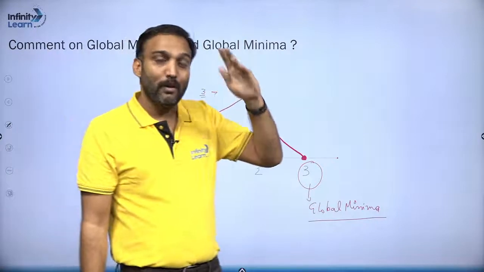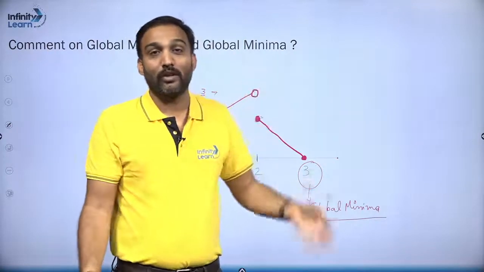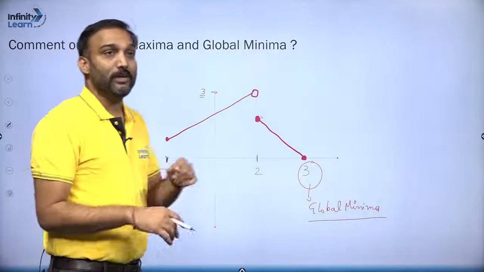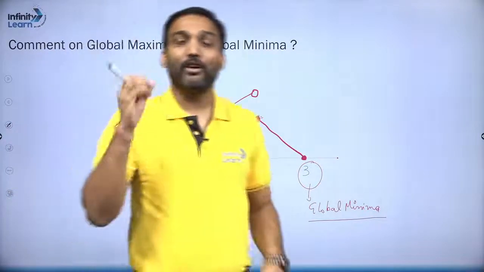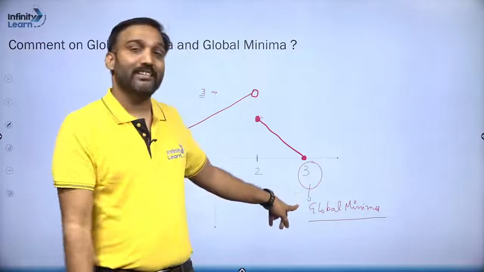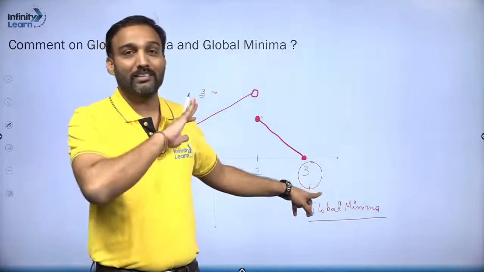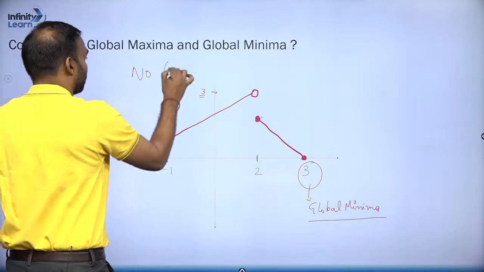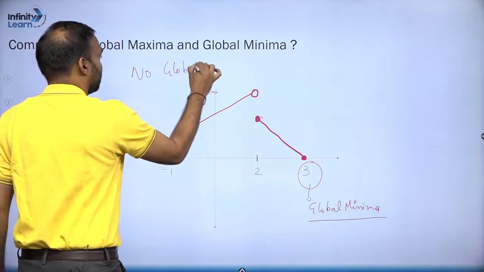I am below 3, and how much below I cannot define because it is tending to 0. Hence, in this particular graph, I can say that global minima do occur at x is equal to 3, but global maxima will not occur. So there is no global maxima for this function.